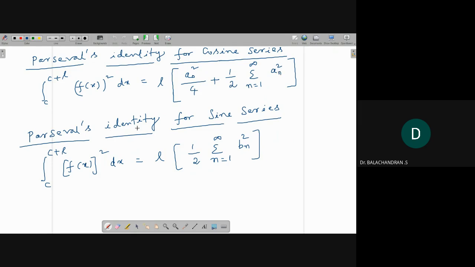Similarly, Parseval's identity for sine series. The integration from c to c plus L of f of x whole square dx is equal to L into, and the a naught and an terms will not come here, just 1 by 2 summation n equal to 1 to infinity bn square.